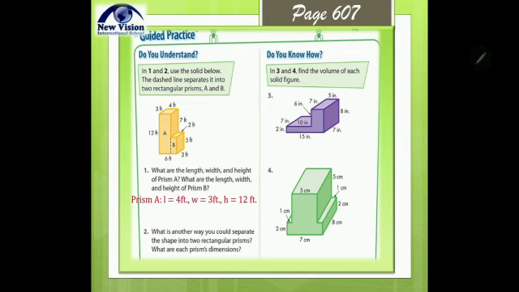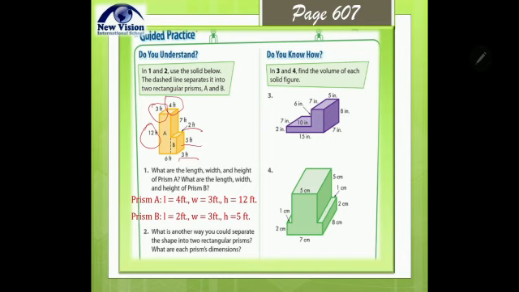For prism A, the length is 4 feet, the width is 3 feet, and the height is 12 feet. For prism B, the length is 2 feet, the width is 3 feet, and the height is 5 feet. What is another way you could separate the shape into two rectangular prisms?